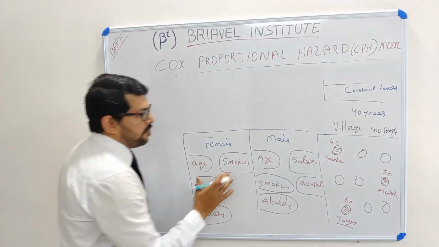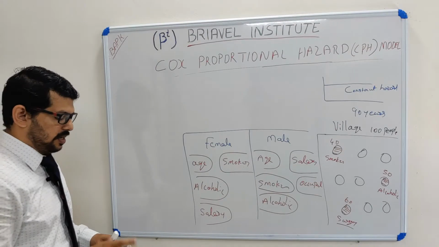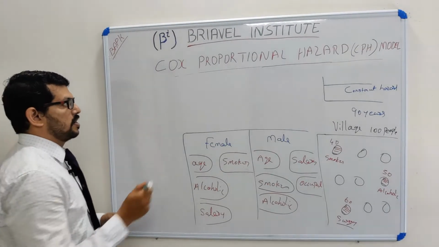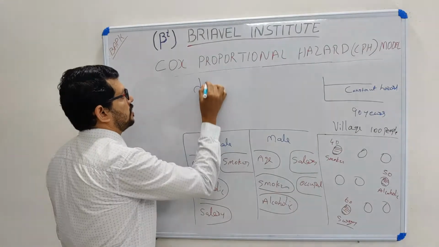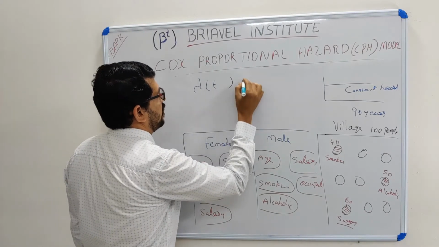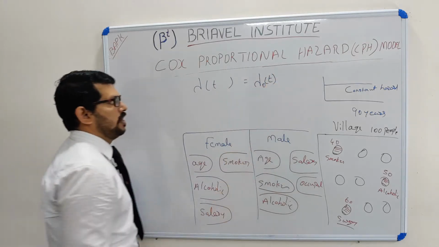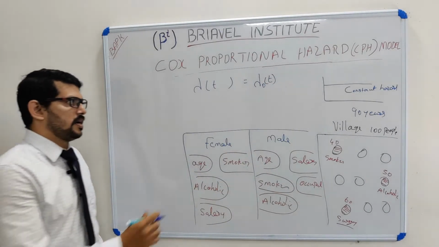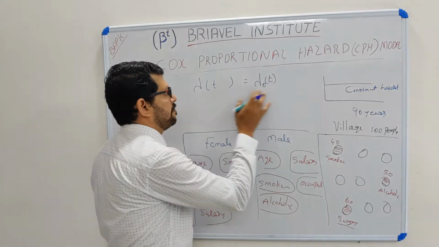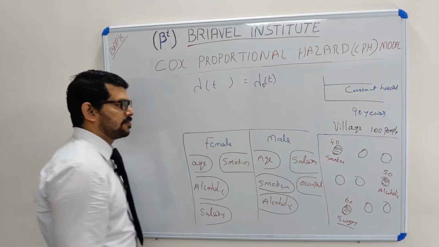So all these factors are affecting their mortality. Initially my constant hazard rate depended only on time, it is lambda 0 of t, and I made the hazard rate constant for everyone.